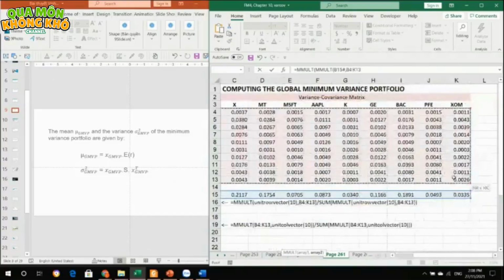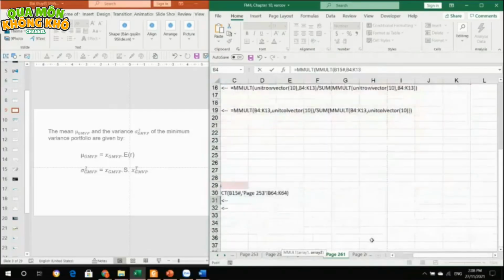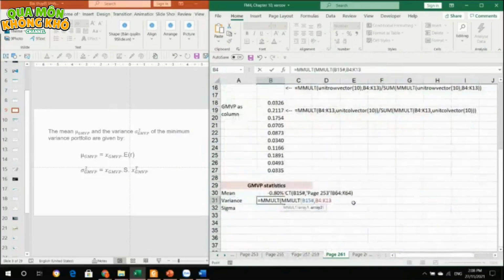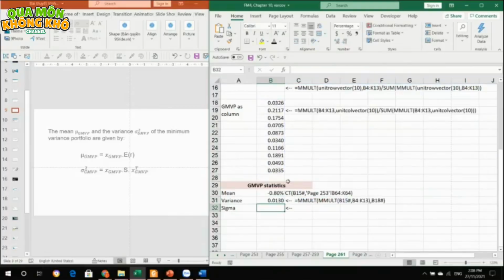Multiply the matrix and the transpose of the row. Sigma is the square root of the variance.